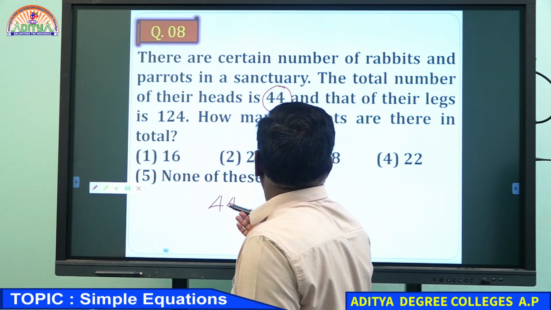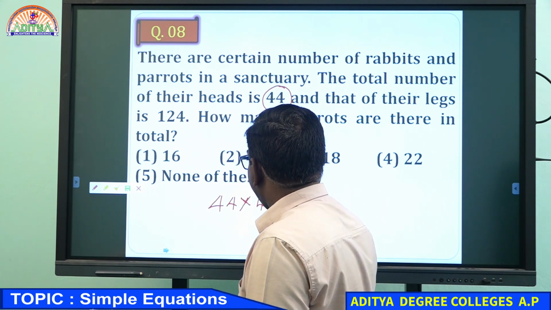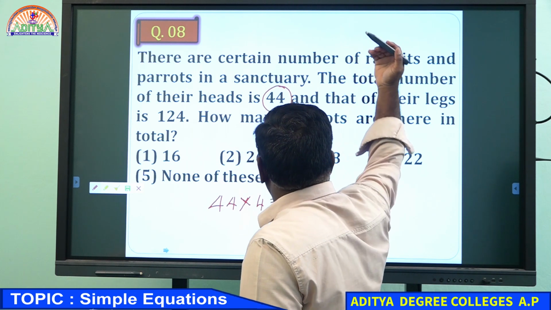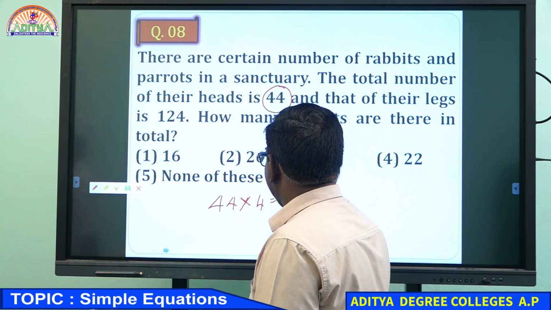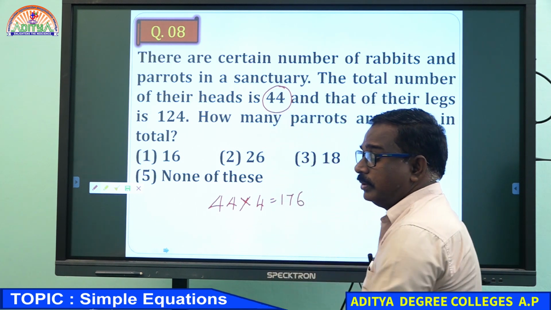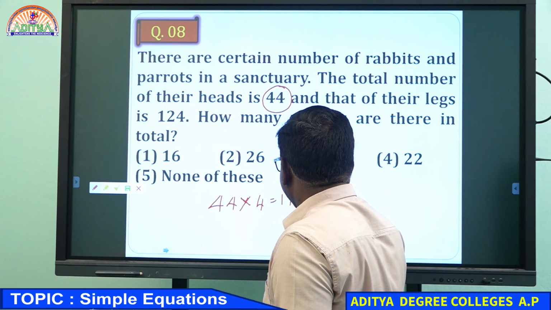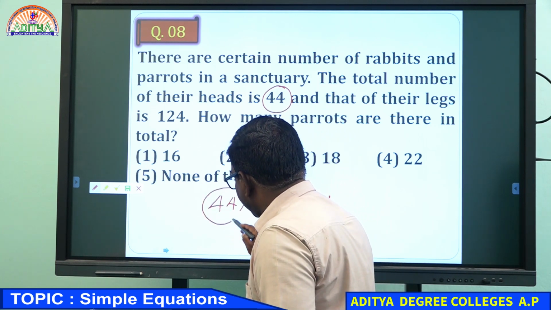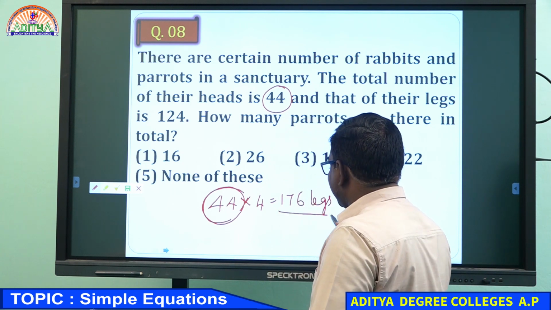If all are rabbits, every rabbit has 4 legs. 44 heads, I am taking 44 rabbits. 4 fours are 16, 4 fours are 16, 176. 176 legs should be there if you take all 44 as rabbits.